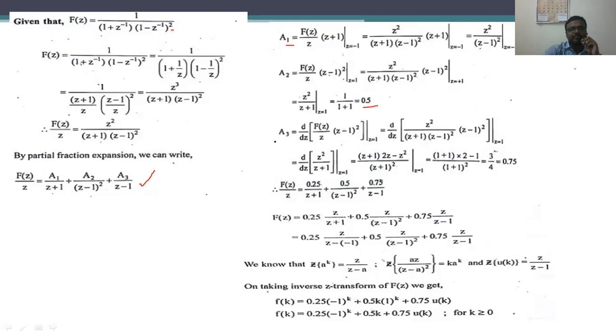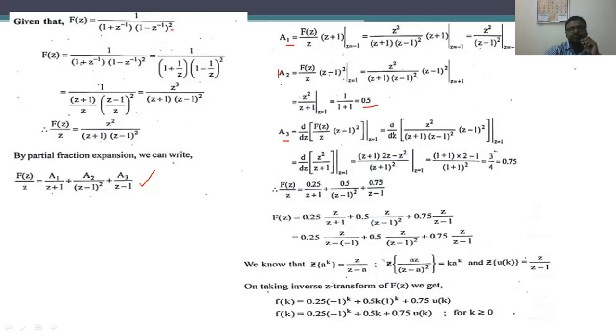So in order to find out the value of A3, we have to apply the differentiation form for this A2. Why? Because repeated poles are going to happen. So A3 is equal to d divided by dz of f of z divided by z into z minus 1 whole square.